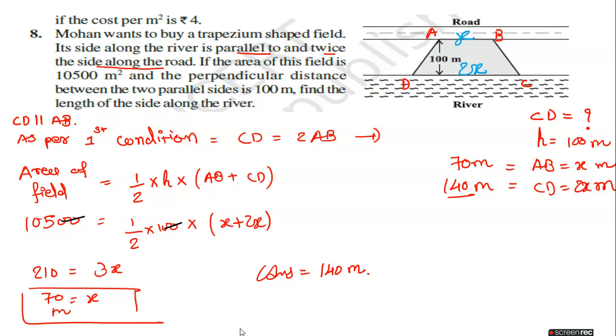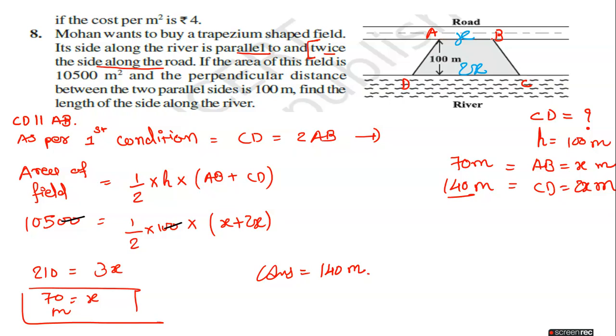Because here see, from this point you write again. River side is twice the side along the road. This river side is CD. River side is what? CD is twice the side along the road.